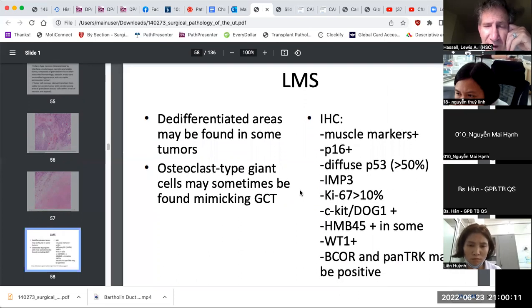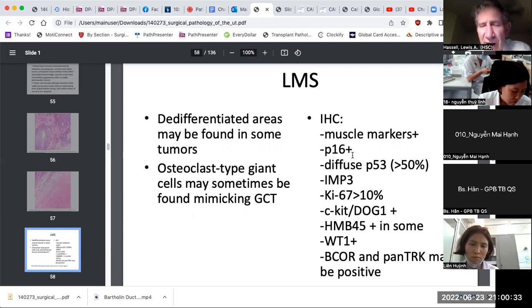It's oftentimes not absolutely clear cut one way or the other, but finding things like diffuse P53 or P16 markers with a predominance of strong muscle markers certainly favors leiomyosarcoma over stromal sarcoma. But occasional tumors may have CKIT or DOG1.